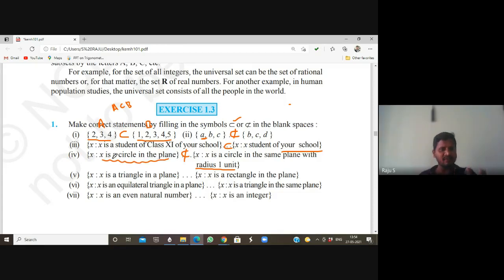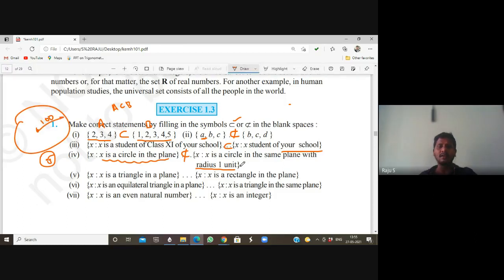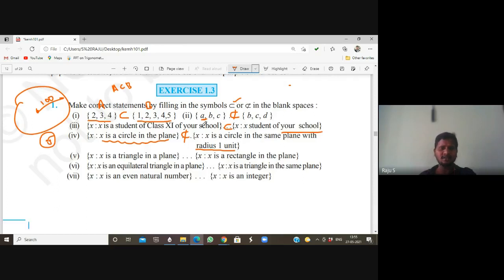See, in the first set, X is simply a circle, they did not mention that the radius is particularly 2, 3 like that. So any radius, I'm taking radius 3, I'm taking radius 100 also. But what about the other set? The radius must be 1 unit. Is every circle a subset of the circle whose radius is 1? No, not. Then next, fifth subdivision.